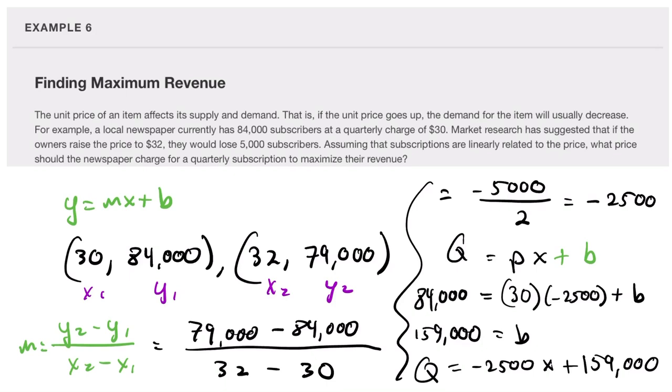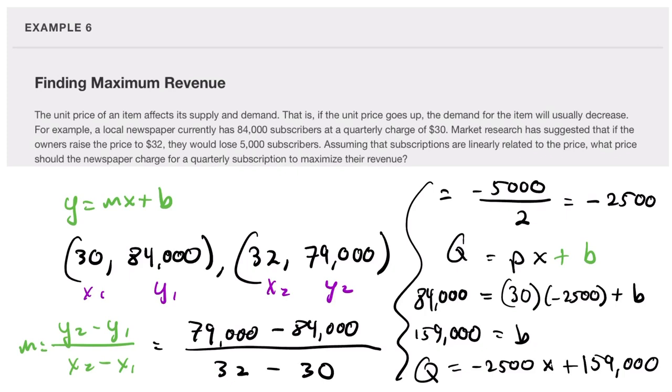See, that one checks out. Okay, let me try the 30 again. Siri, what's negative 2,500 times 30 plus 159,000? That is 84,000. I think I was just saying it wrong earlier. The numbers were working out, it's just when I was checking it, I wasn't articulating the right thing.